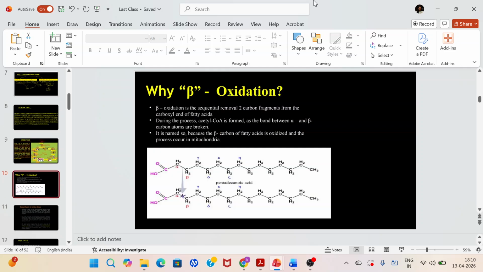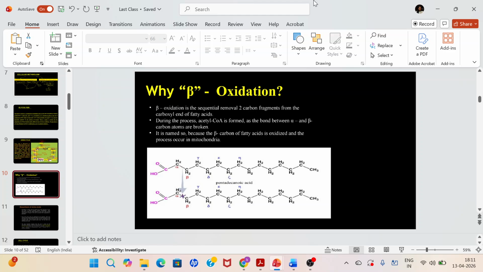Okay. Next is the beta oxidation. Also, we learnt that beta oxidation is basically sequential removal of two carbon fragments from the carboxyl end of fatty acid. So, in a fatty acid, there is a carboxyl end, basically where the carboxylic acid group is attached. At that end, the beta oxidation happens, and in every reaction a two carbon fragment will be removed from a long fatty acid chain.